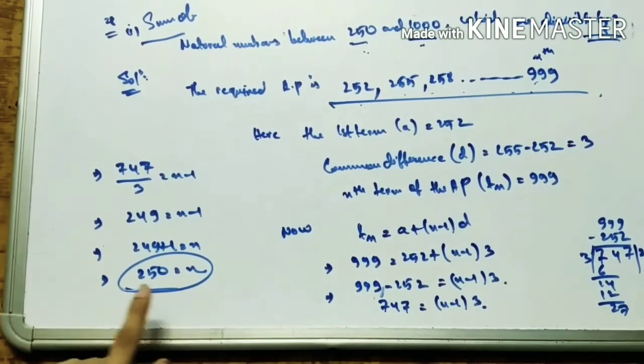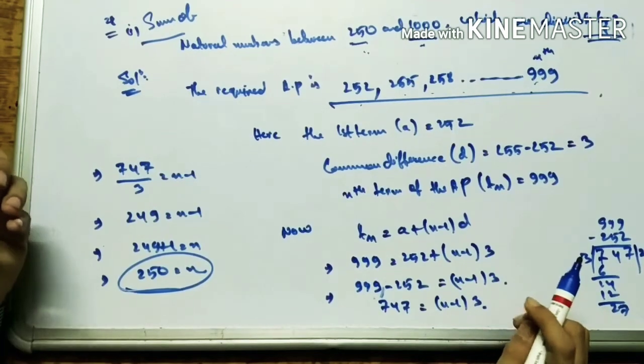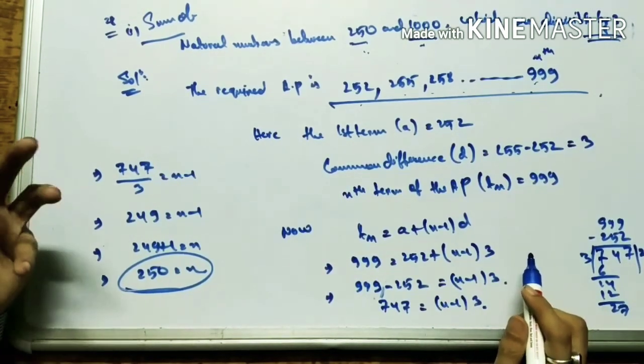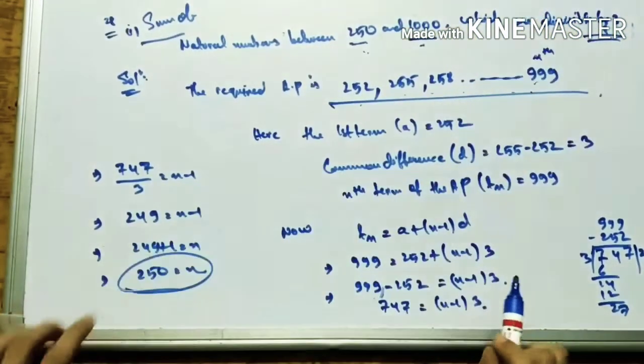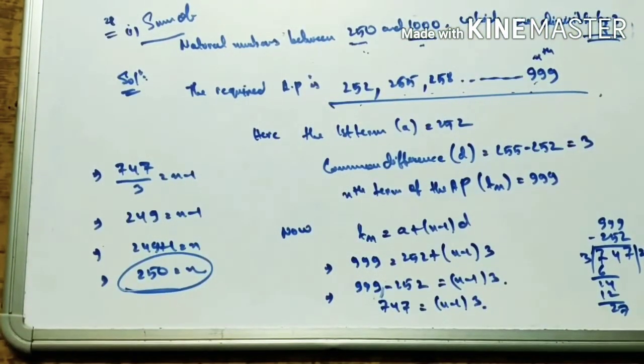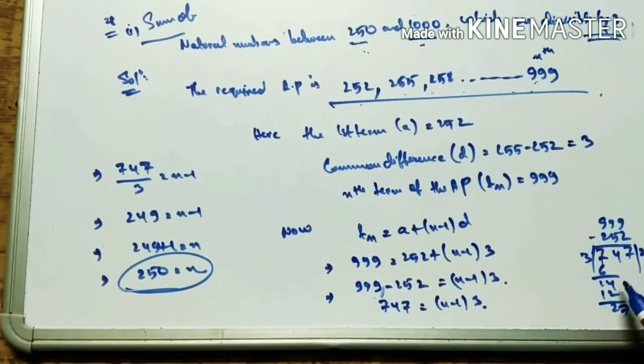What does this n value mean? It is the total number of numbers between 250 and 1000 that are divisible by 3. The total is 250 numbers. Understand? I got the n value.